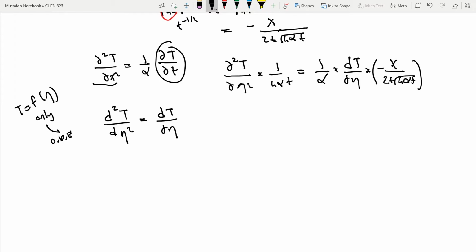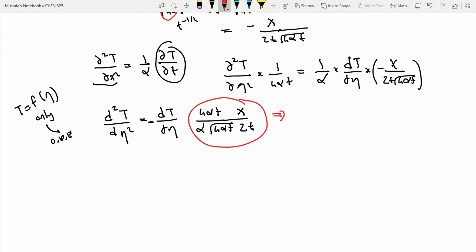So now I have 4 alpha t divided by alpha, divided by the square root of 4 alpha t, divided by 2t, multiplied by x, and there is a negative sign in here. Okay, so now let's focus on this term. These alpha terms will cancel, t terms will cancel, so this 2 will cancel.